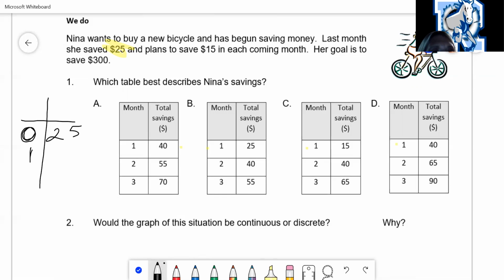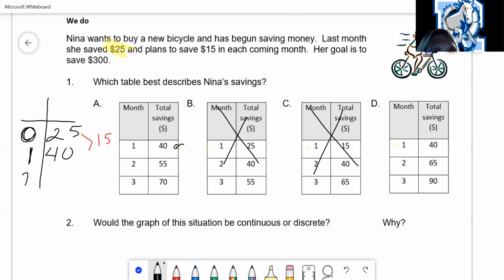After 1 month, how much does she put into the account? She puts in $15. So if I add $15 to this, my new amount is 1, 40. Well, 1, 40, that's here. 1, 25, it's not this one. 1, 15, it's not that one.